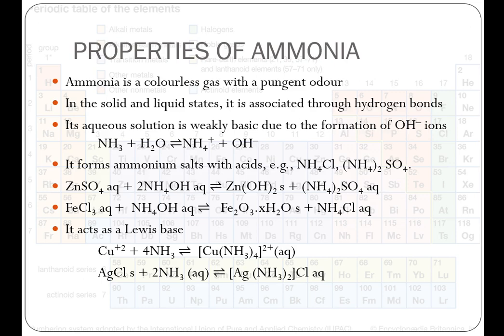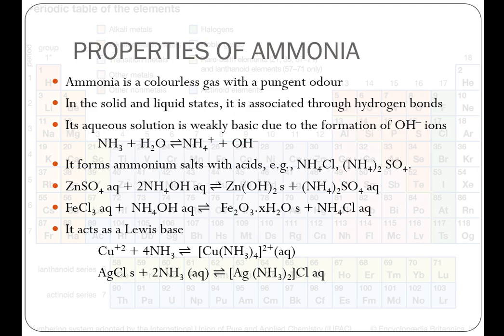You can see the reaction. Ammonia with water forms ammonium ions, releasing hydroxide ions. It forms ammonium salts with acids. For example, with HCl it will form ammonium chloride. With H2SO4 it will form ammonium sulfate.